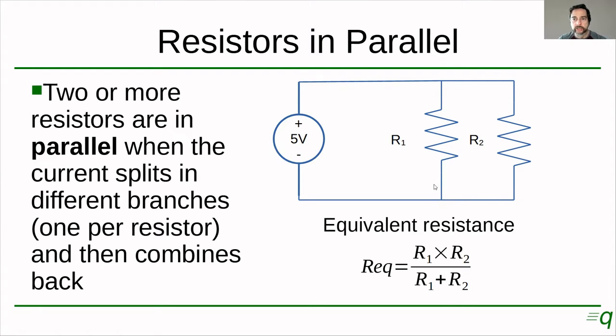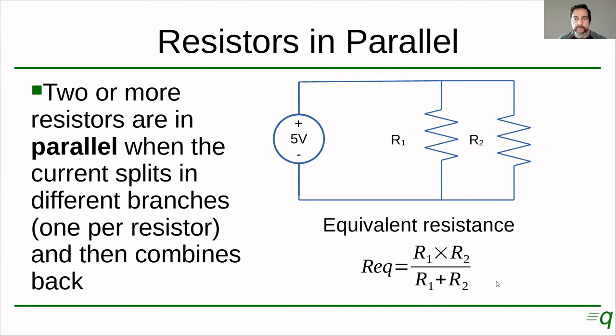And then the currents will combine here, and go back to the negative side. When this happens, the equivalent resistance can be calculated as R1 times R2 over R1 plus R2.